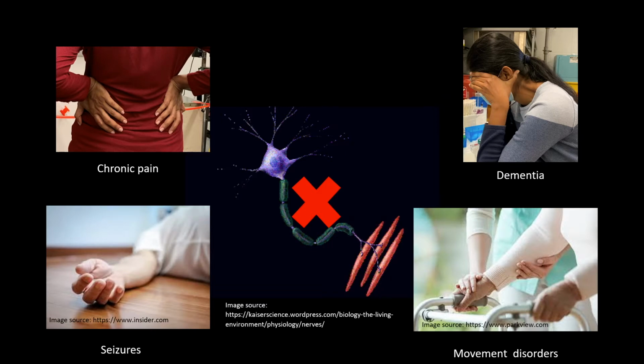When problems occur, it might lead to some diseases. Here are some diseases caused by neuronal disorders, such as chronic pain, dementia, seizures, and movement disorders. My friend Gabby is going to talk about them in depth.